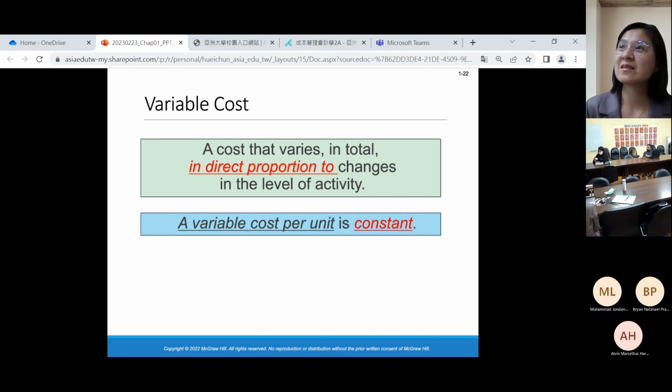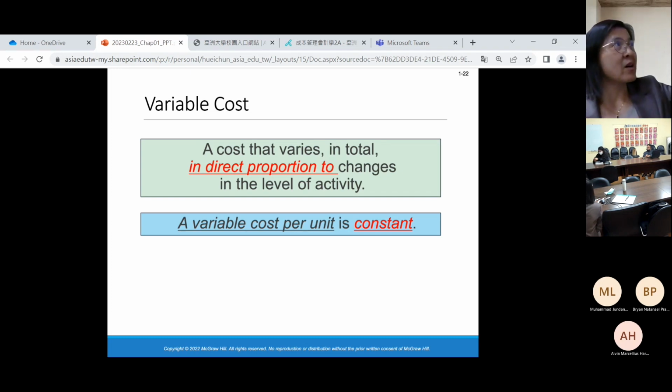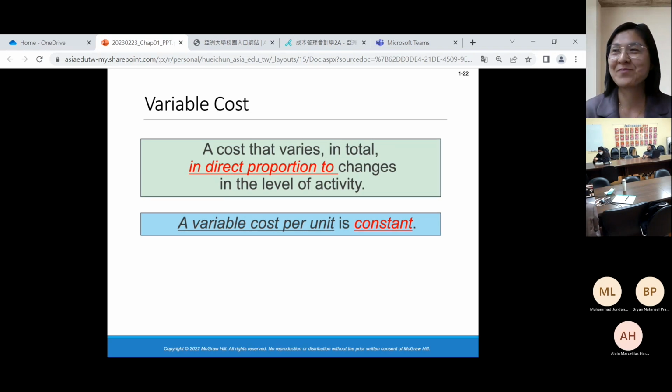A variable cost per unit, not a total. The total variable cost will change in proportion to the changes in the level of activity, right? Yes, but the variable cost per unit is constant.